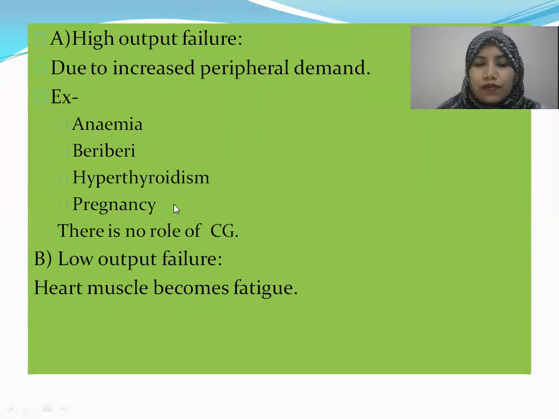So, in case of treatment, there is no role of cardiac glycoside. If the pathology is corrected, then heart failure will be corrected too. And low output failure is actually cardiac failure in which heart muscles become fatty and as a result cardiomegaly occurs.